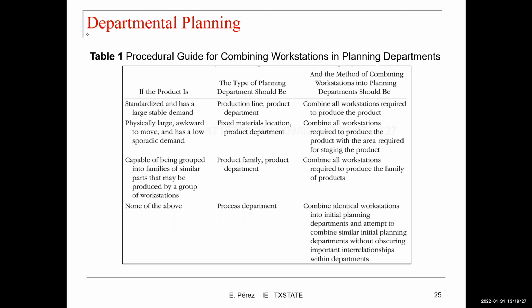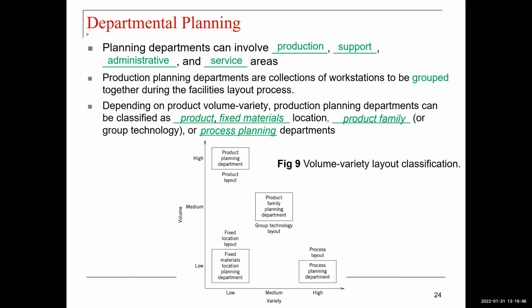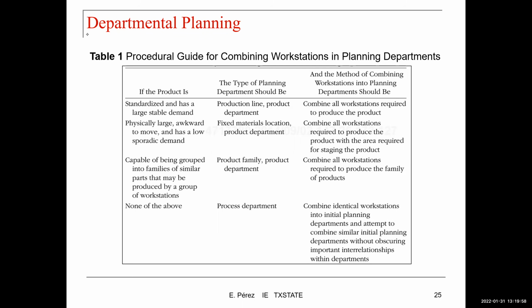And if the product is none of the above, then you have a process department that combines identical workstations into initial planning departments and attempts to combine similar initial planning departments without disrupting important interrelationships within the departments. So again, these guidelines help you decide what type of layout or product variety you're going to have to design your product department. Another guideline here can tell you additional information.